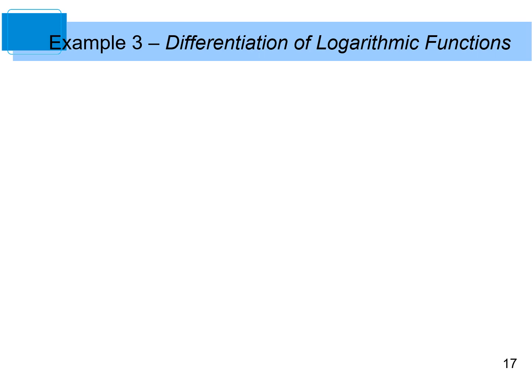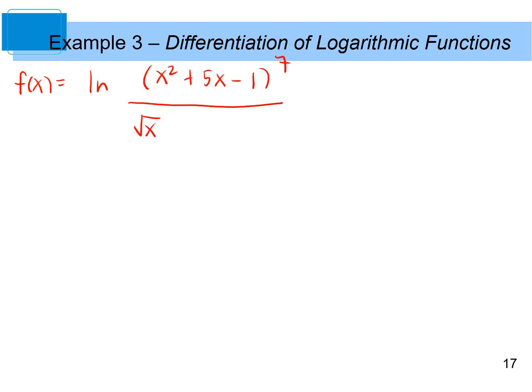Another example, let's say we're asked to get the derivative of f of x is equal to the natural logarithm of (x squared plus 5x minus 1) raised to 7 all over the square root of (x plus 3) and sine x. Again, it is much more complicated to differentiate this using the formula for composite logarithmic functions, ln of u, which is u prime over u.